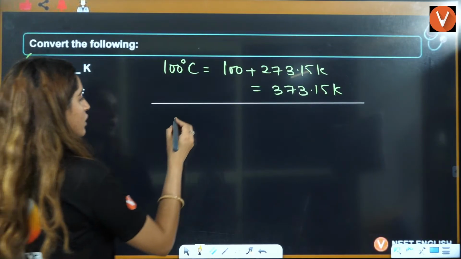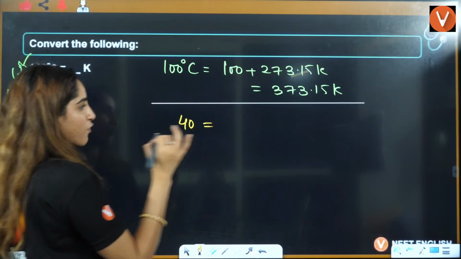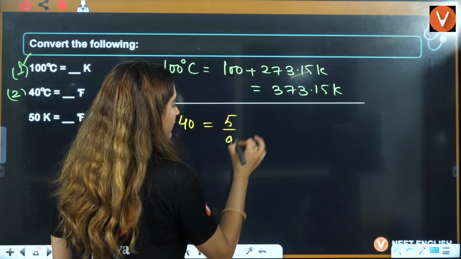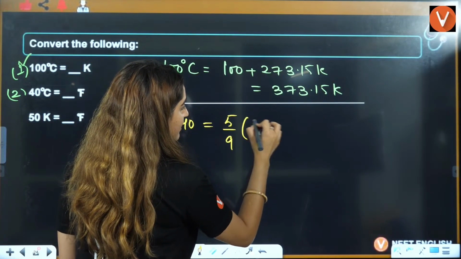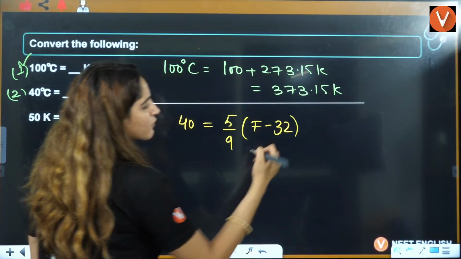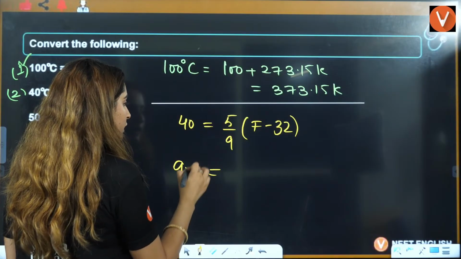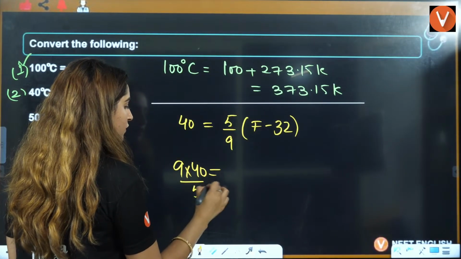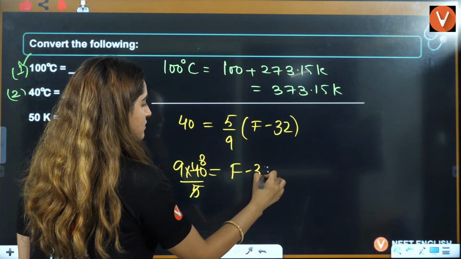So 40 is equal to 5 by 9 Fahrenheit minus 32. Just put the values in the formula, nothing else you have to do. This is 9 into 40, this is 5, then this is Fahrenheit minus 32.